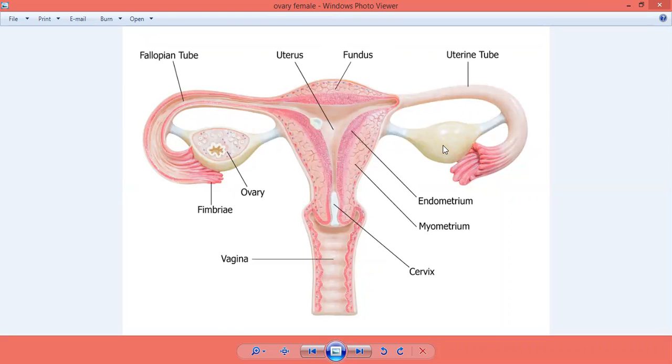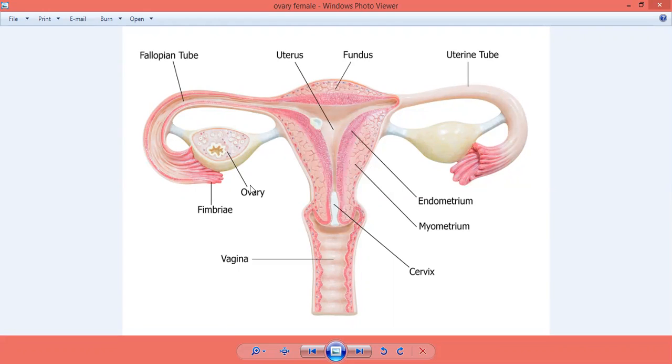We have the pair of ovaries and we have the uterus, then this is the fundus and this is the cervix and this is actually the vagina. Okay, we have layers in case of uterus, that is endometrium, myometrium, right? And then we have the flagella-like structures which are holding the ovary.